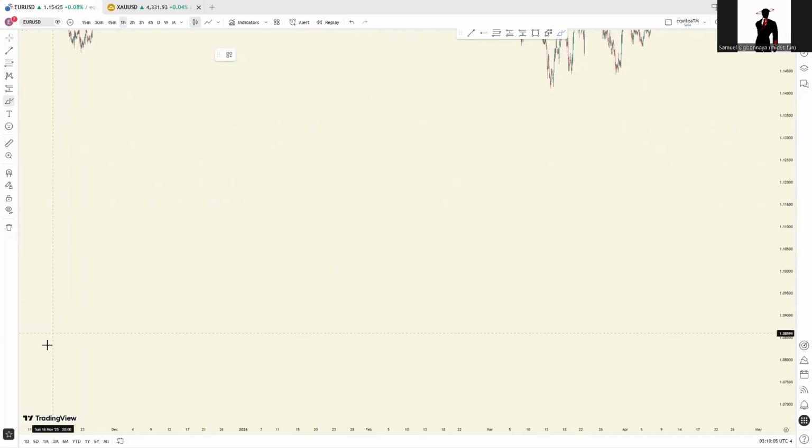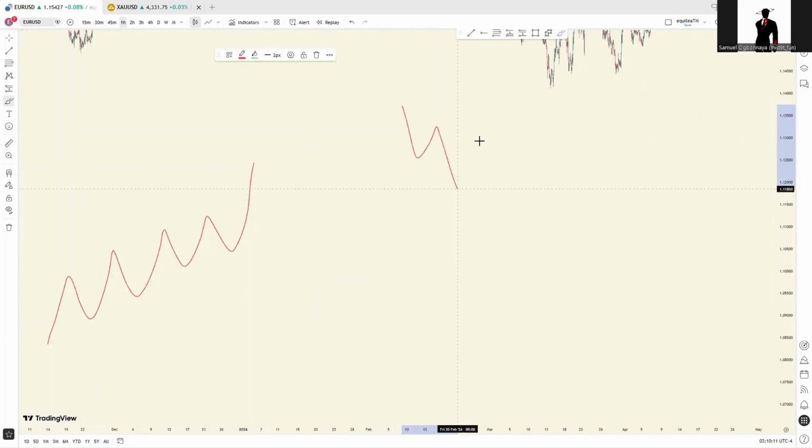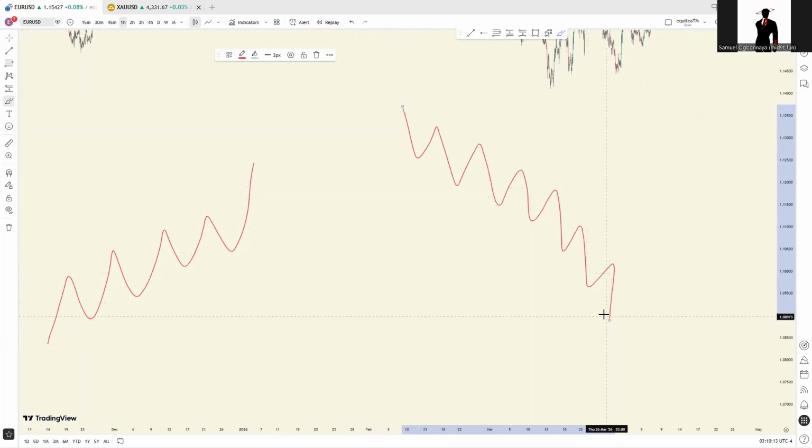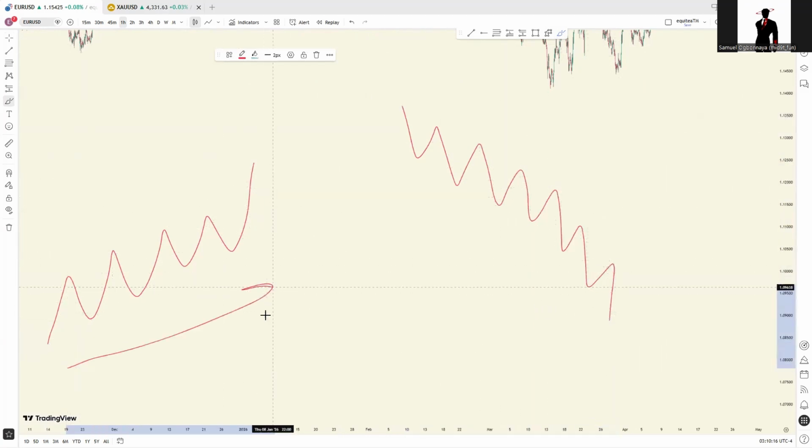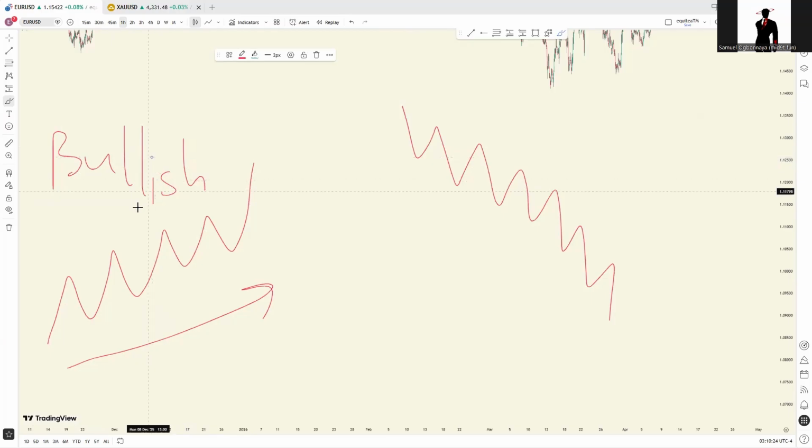Now, remember I told you that we buy when the market goes up, right? And we sell when we believe the market will come down. And this idea of it going up is called a bullish market structure, and the buyers are referred to as bulls, hence the word. And the same thing with the sells, right?